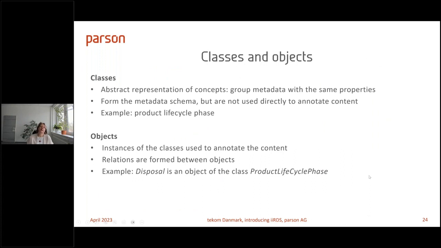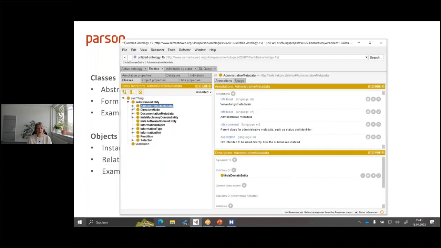Okay, let's come back to our classes, the class of Felis catus and Felix, which is an object. In the IRDS ontology, you find a lot of classes and objects. The classes are these groups, and in Protégé they have those yellow dots here.